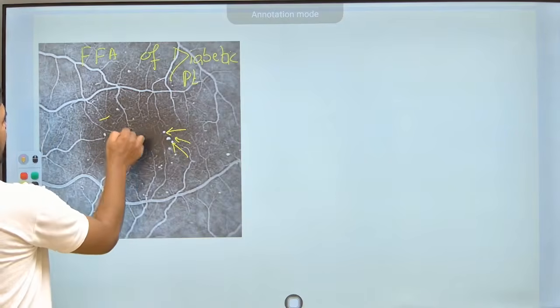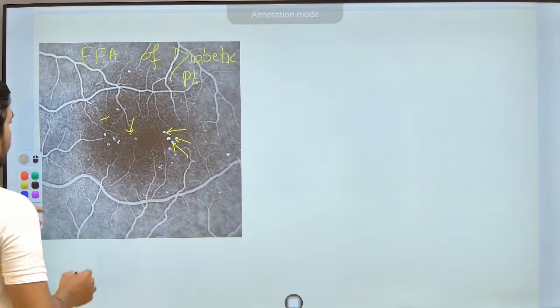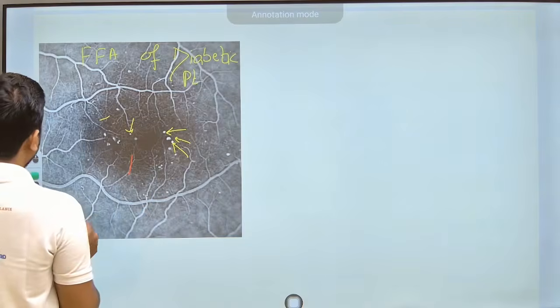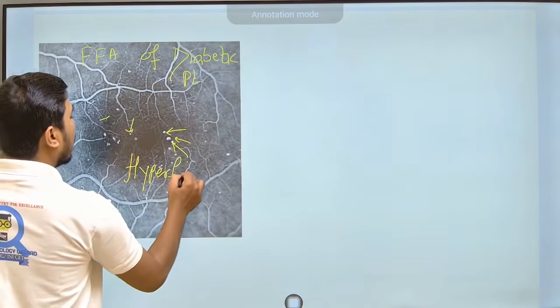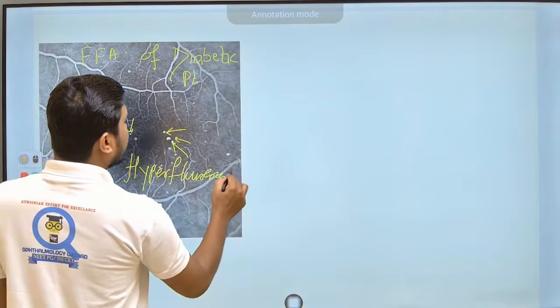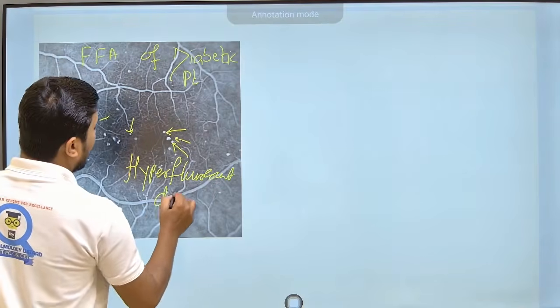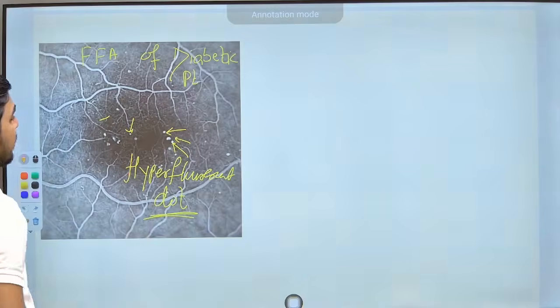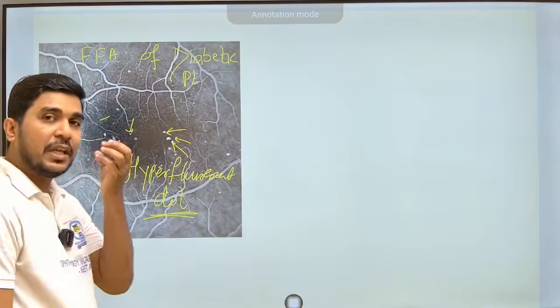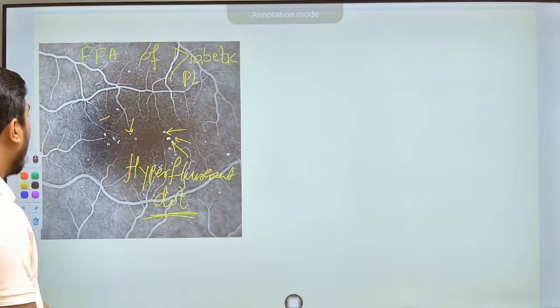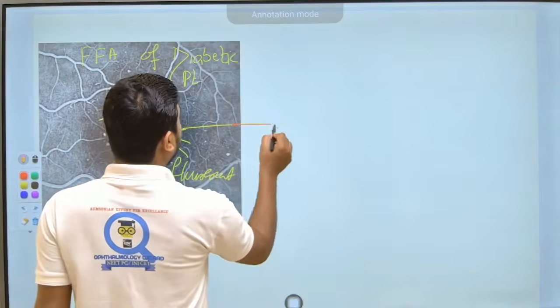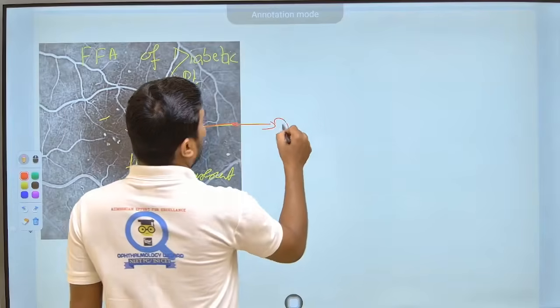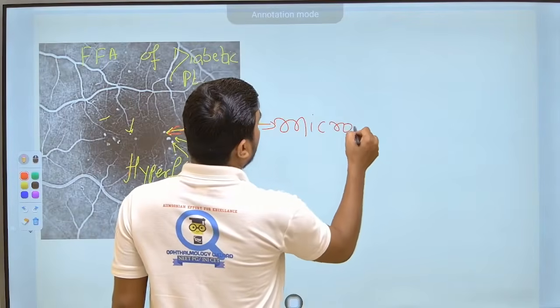This is the hyperfluorescent dot. This hyperfluorescent dot is because of the leakage, and this indicates microaneurysm.